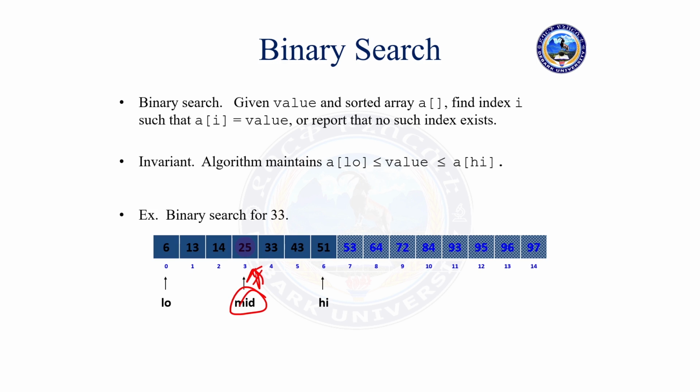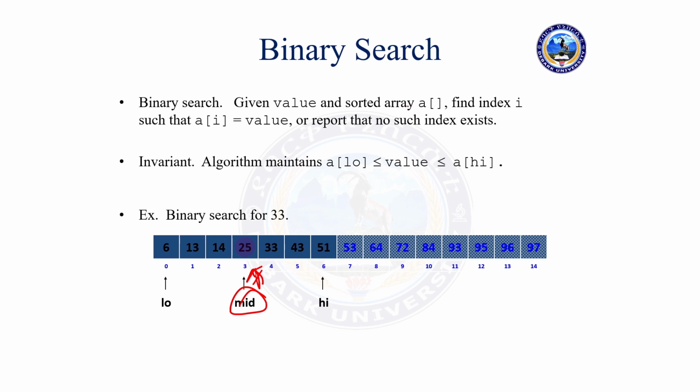Again, we are going to compare whether the value at mid is equal to the key value or not. If they are not equal, we have to check whether the value at index mid is greater than or less than 33.